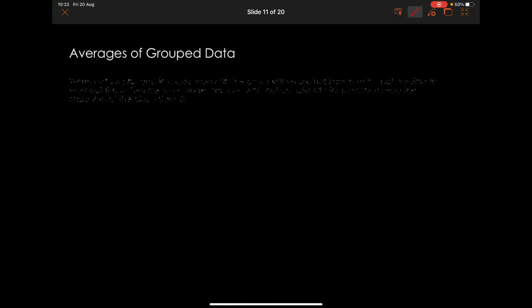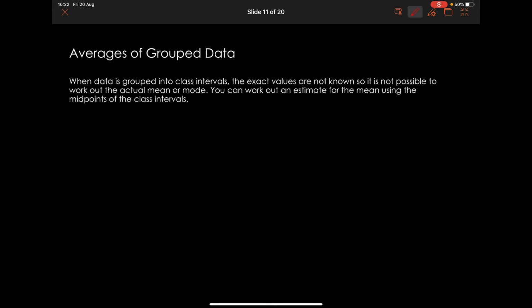Now, when data is grouped into class intervals, it looks a little bit different. When data is grouped into class intervals, the exact values are not known, so it's not possible to work out the actual mean or mode. But what you will do is work out an estimate for the mean using the midpoints of the class intervals.